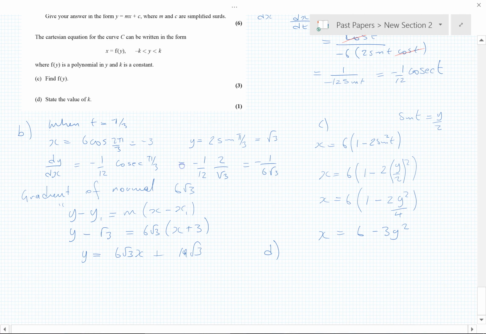So the range, the value of k, so we can say that y is greater than minus 2 and less than 2 is the range of the function. So k equals 2 in other words.